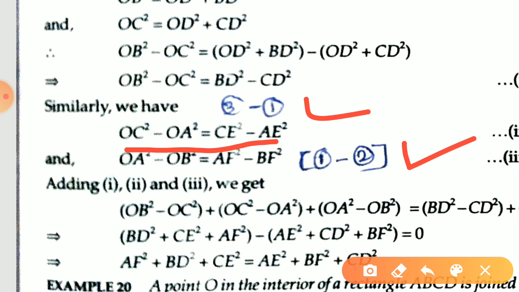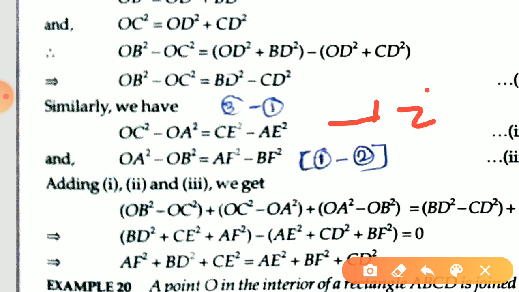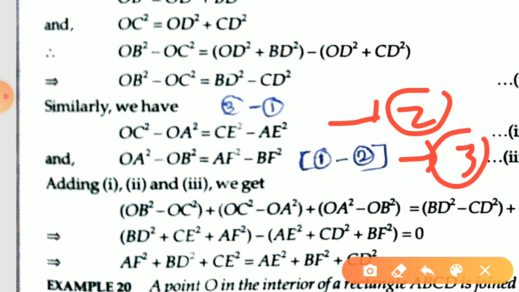And now this is equation number 2, this is equation number 3, and above that is equation number 1, that is 1, 2, 3.